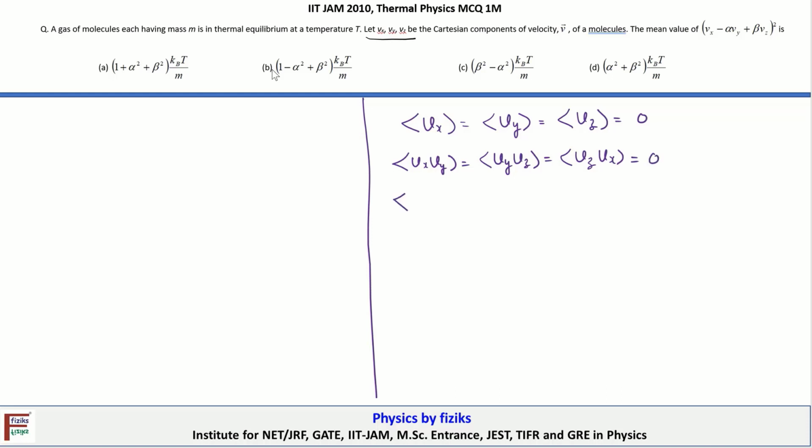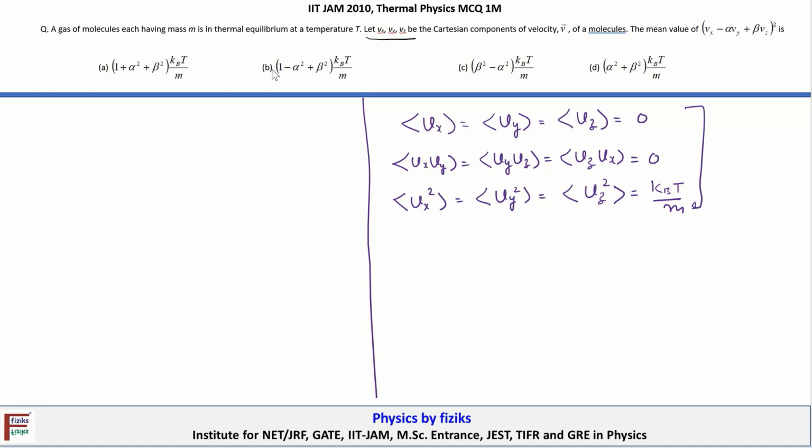Further, the squared average, that is Vx square, is equal to Vy square, and this is equal to Vz square, and this is kT by m. So you need to remember only these three results.